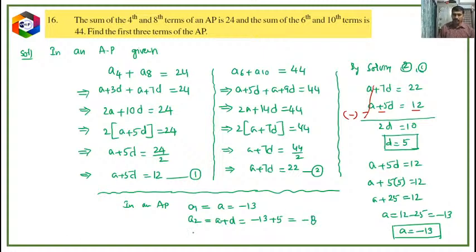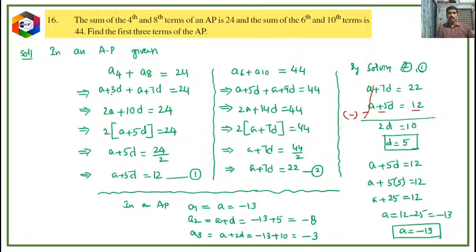Next, A3 will be A plus 2D, which is minus 13 plus 2 5s are 10, which is equal to minus 3. Therefore, the first three terms are minus 13, minus 8 and minus 3.